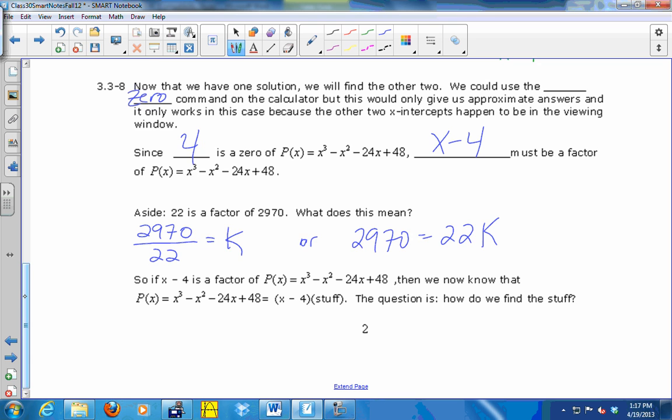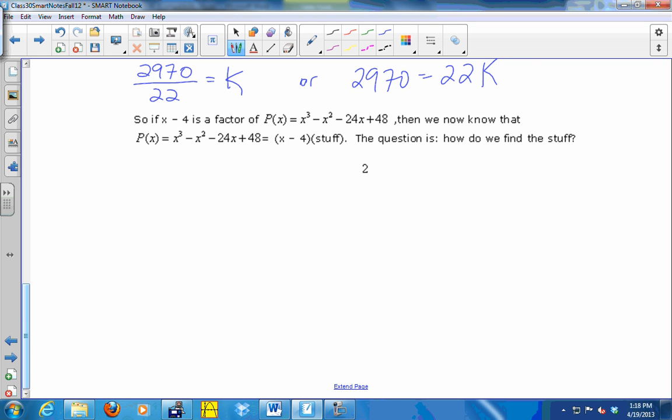All right. So moving back to our polynomials. X minus 4 is a factor of x cubed minus x squared minus 24x plus 48. That means I can write my polynomial as x minus 4 times something, just like 2,970 could be written as 22 times something.